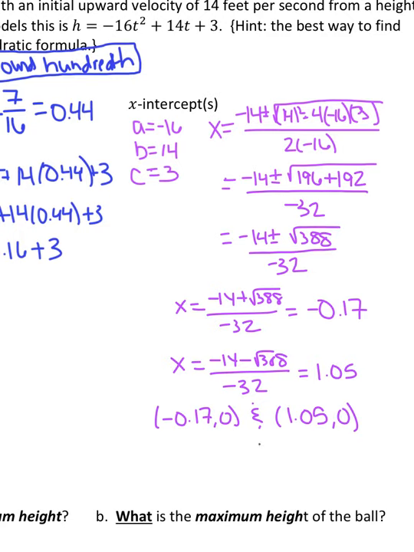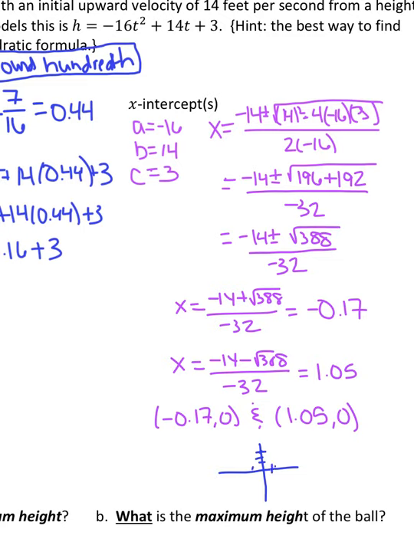Now, when you're thinking about x-intercepts in these problems, this should kind of make some sense to you, right? If I was going to sketch out a little graph of this, we had a starting height up here at 3, right? And then it goes up really fast. It was like 0.44, we're at our max height. And then we come back down and we are back on the ground a little over 1, right here.